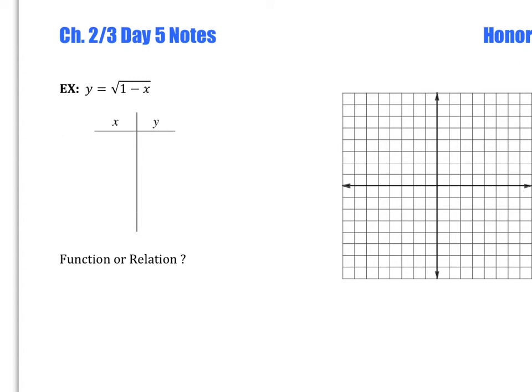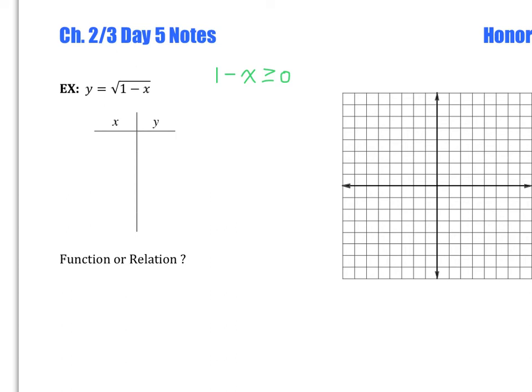Now another thing we have to think about with square roots. What values can't we take the square root of? Well, hopefully you say we can't take the square root of a negative. So I do a little side note and I say, okay, well 1 minus x can't be negative. So it has to be greater than or equal to 0 in order for me to take the square root of it, okay?